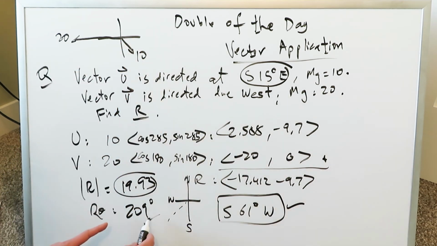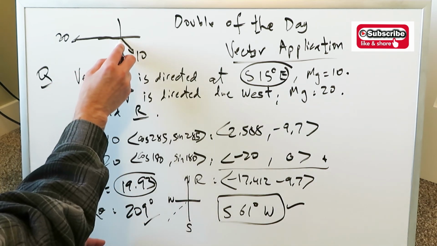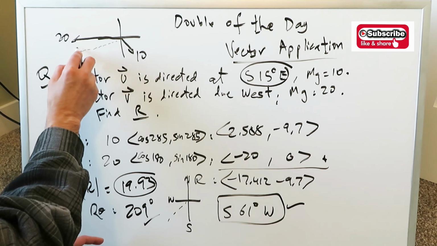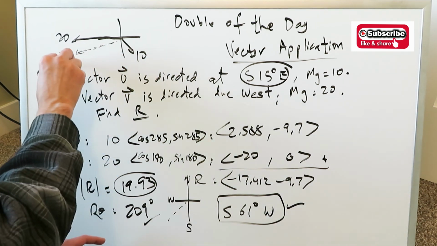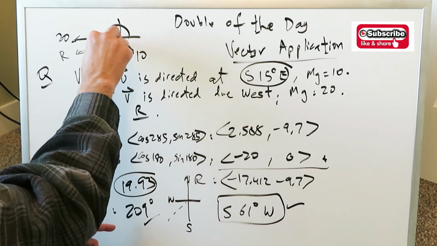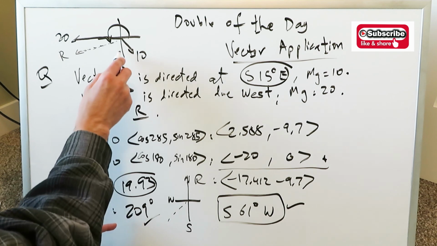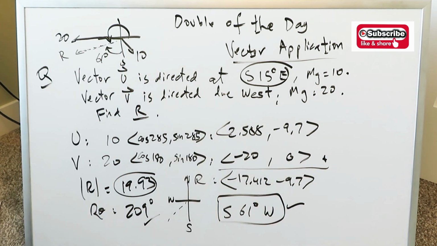It would be at 209 degrees. 209 degrees is not too far away from 180, so your resulting vector would be right over here, and it would be about as long as 20. That's your resultant. It has a size of 19.93 and it's 209 degrees from 0, or it is 61 degrees from south towards west. We are done with this question.